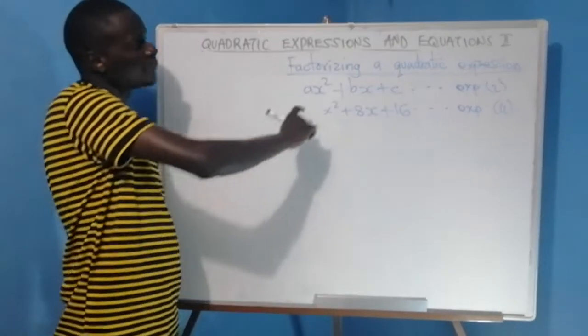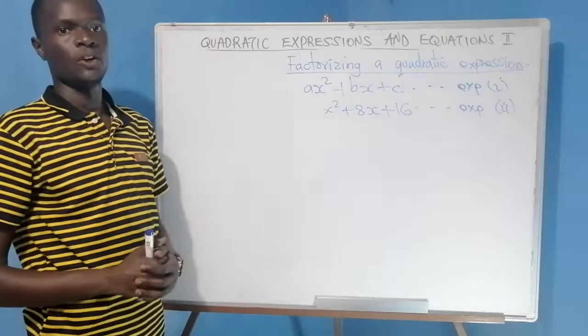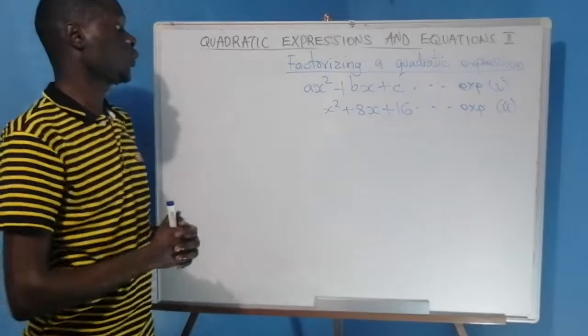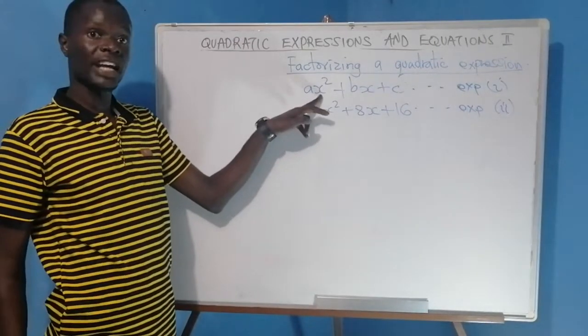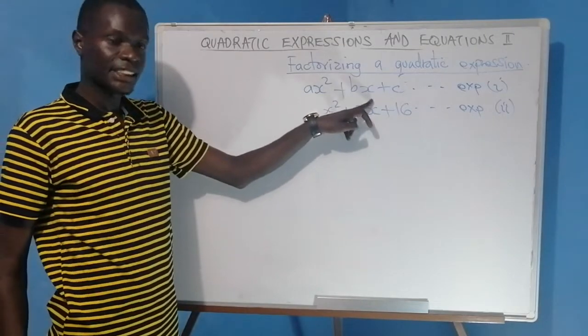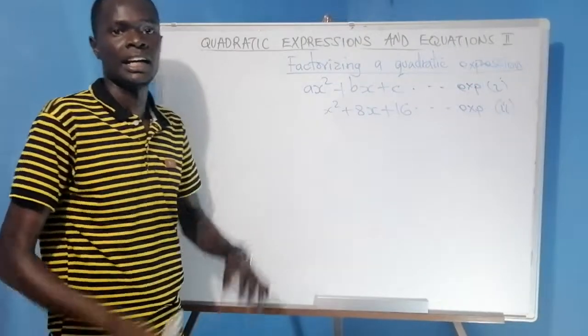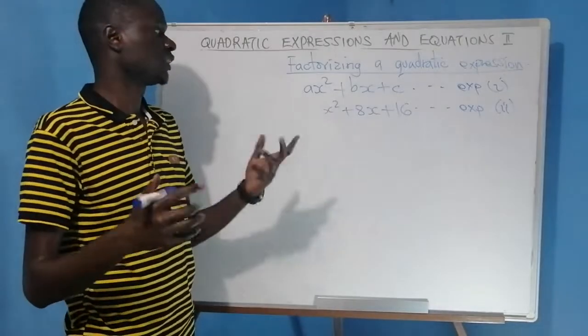Now, considering expression 1 and expression 2, we want to compare the coefficients. When you look at expression 1, you realize that the coefficient of x squared here is a, the coefficient of x is b, and c is a constant term. C stands alone. The value that comes before that particular variable is what we refer to as the coefficient.